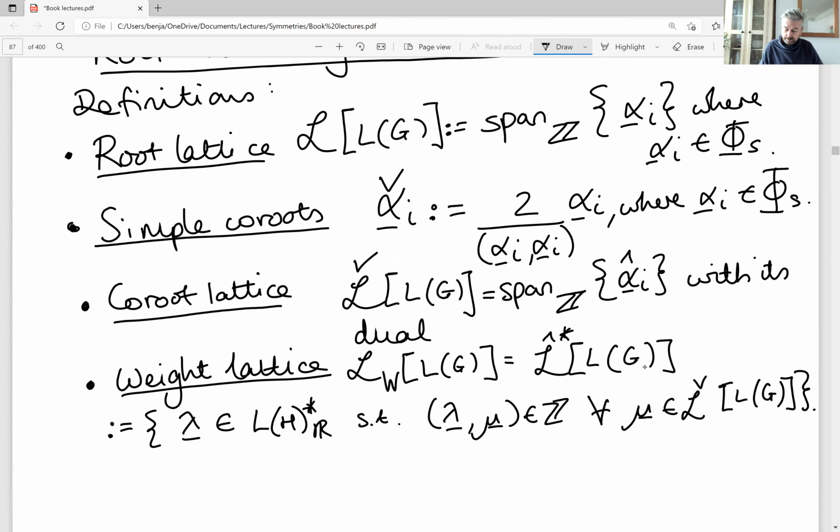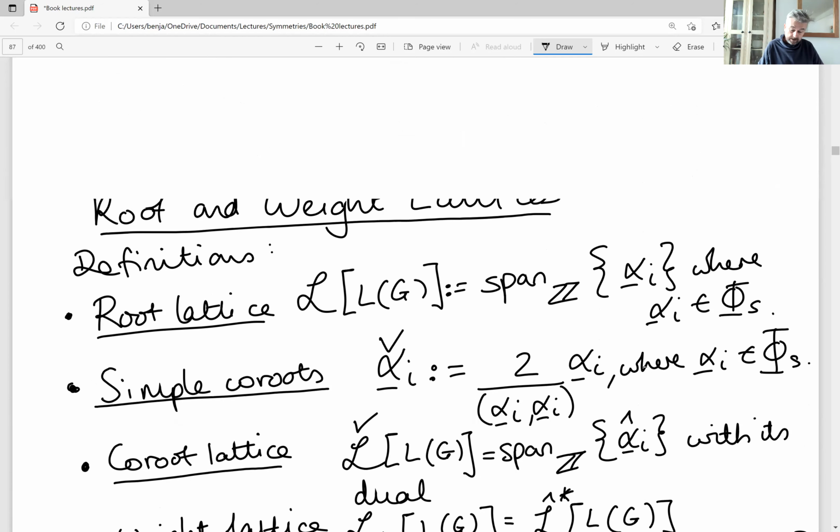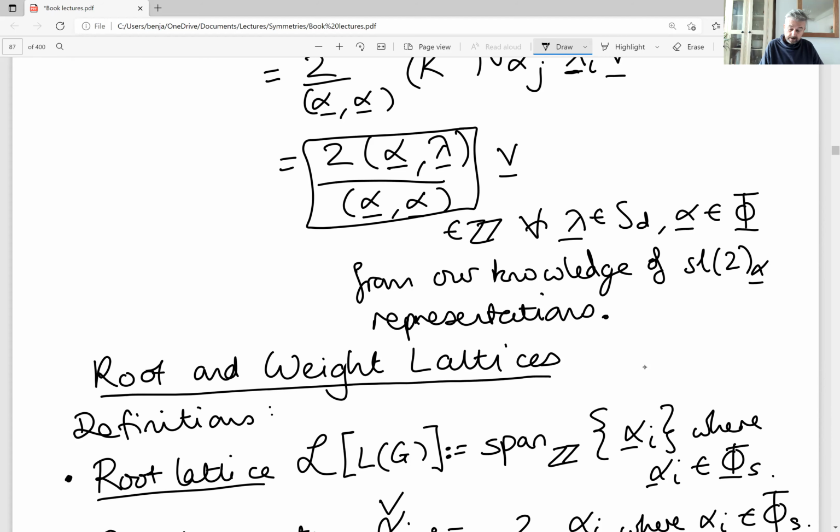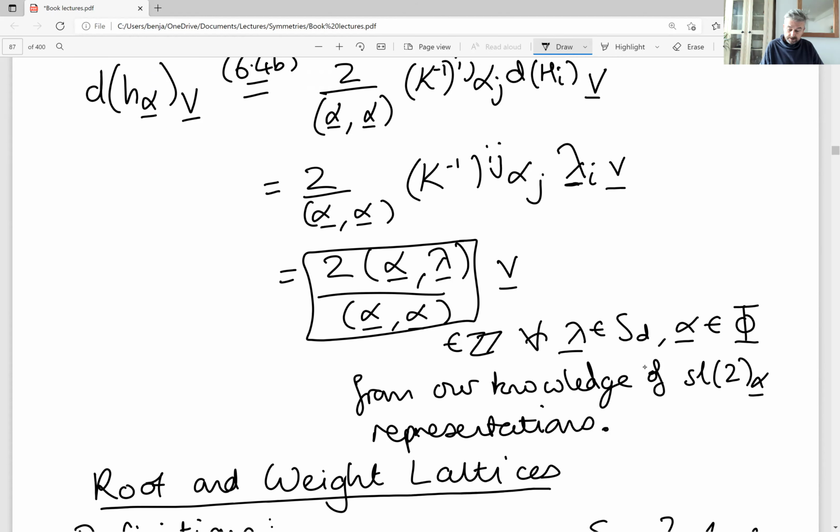So these lambda correspond to our weights, and they're going to satisfy this equation here. Now if you substitute in for mu that I've just given you, you'll see that we get this combination, and so it has to be an integer.